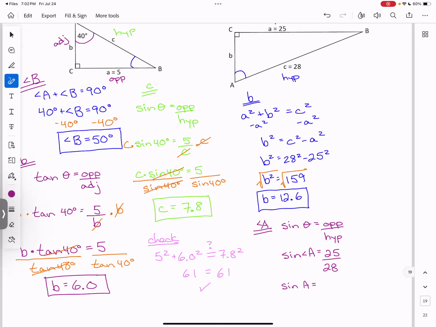The decimal version of that is, I'm going to go out to 4 decimal places, but I'm also just going to store this on my calculator. So 0.8929. So if I take the sine inverse of both sides, I get A is the sine inverse of 0.8929.